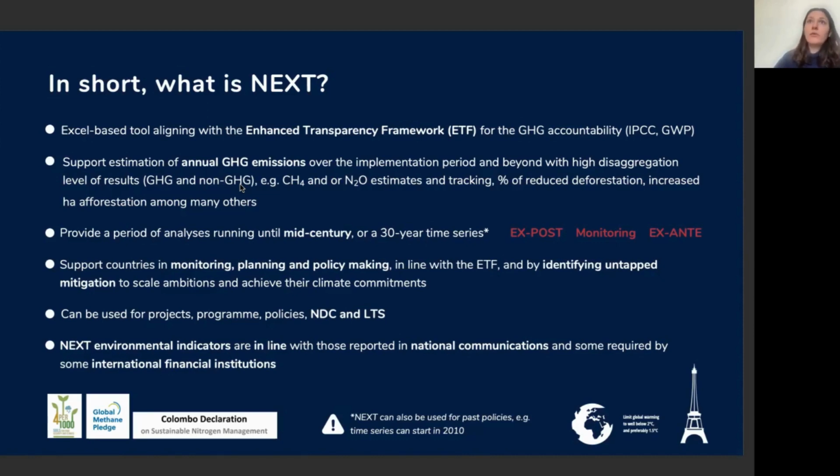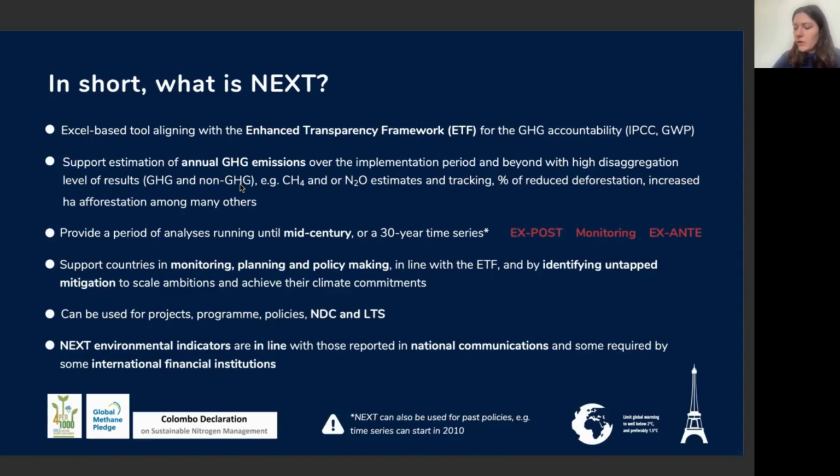You can say, I want to start analyzing a project that started in 2010 and see the estimates of the mitigation potential that they have from 2010 until 2040, because you will have these 30 years of analysis. You can also monitor.